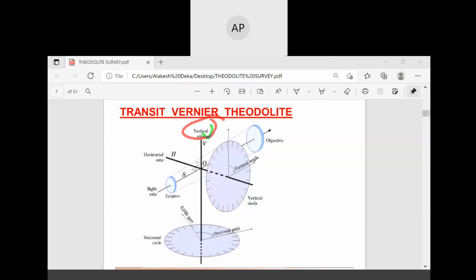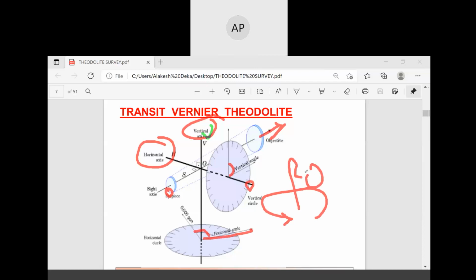This is your horizontal axis. This is your telescope. This is your eyepiece, and this is your objective; the object you can see through this lens. The angle made by the telescope with the vertical axis is your vertical angle. This is your vertical circle, and this is your horizontal circle for the horizontal angle. So we can rotate the theodolite both ways, in this direction also and in this direction also.